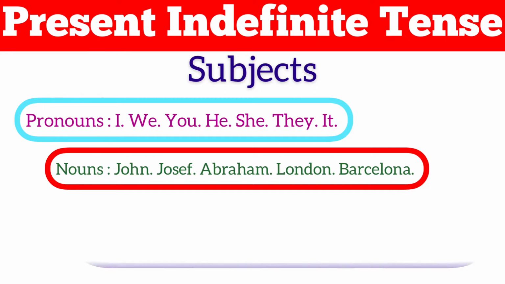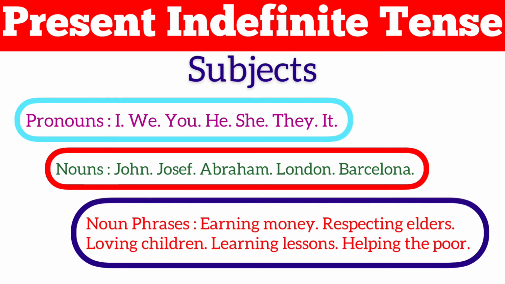Let's see some noun phrases that we can use as our subjects in the sentence. Earning money, respecting elders, loving children, learning lessons, helping the poor. So in the first example, earning money, earning is a verb, but it has the ing with it to make it function as a noun.